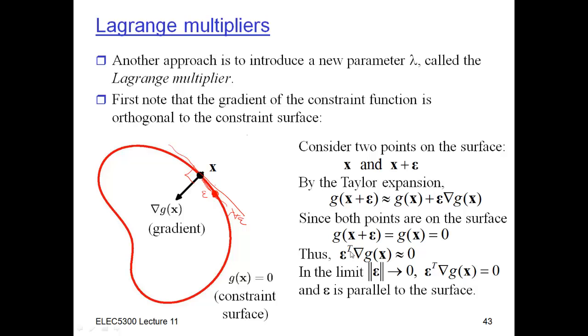Therefore, epsilon, and I should have taken the transpose over here, epsilon transpose times the gradient of g of x must be approximately equal to 0. Right? And in the limit, when epsilon goes to 0, then I get that this thing is exact. Right, so this epsilon is kind of parallel to the tangent here, and the vector here is orthogonal to that.